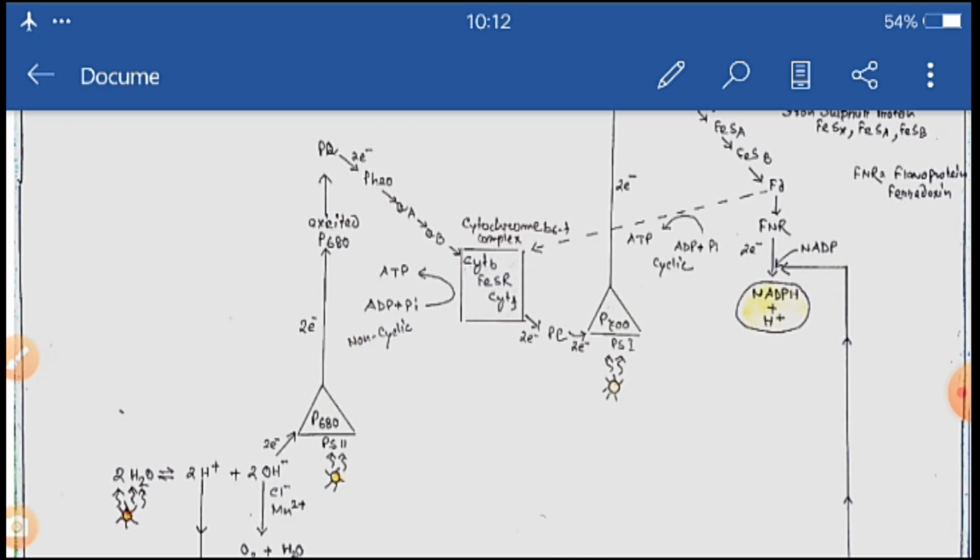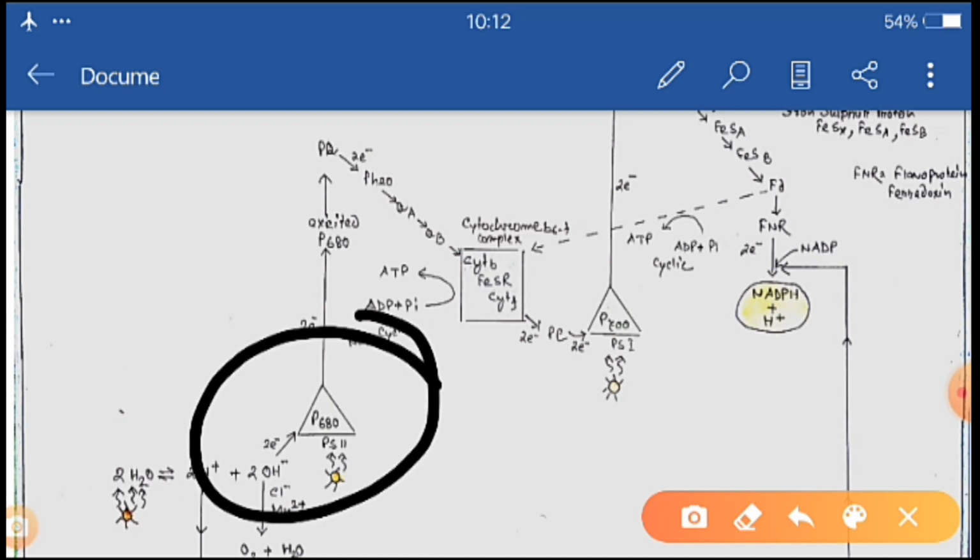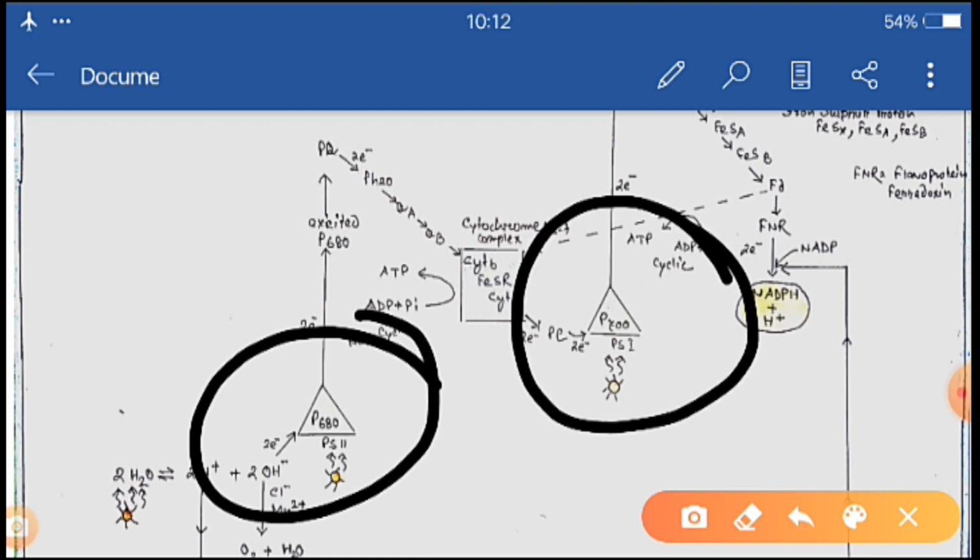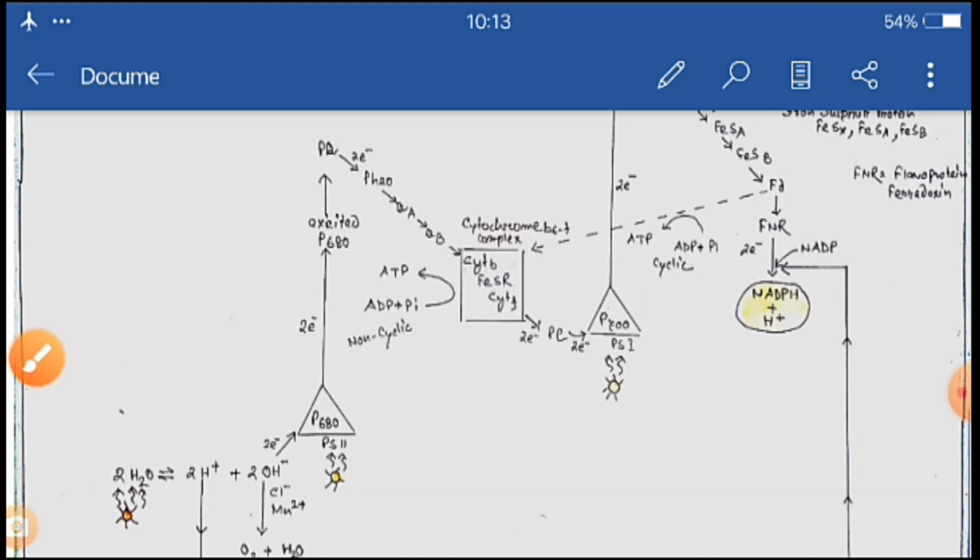The pigments which absorb the light of wavelength 330 to 680 nanometer are termed as PS2, and the pigments which absorb the light of wavelength 680 to 700 are termed as PS1, and both of them have photocenters P680 and P700 respectively.